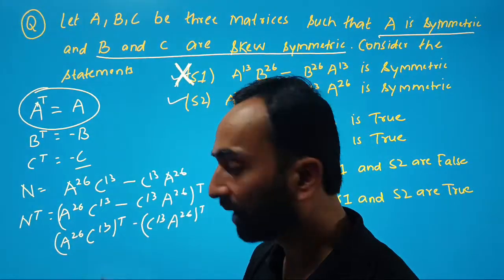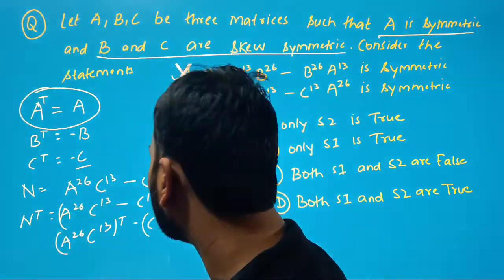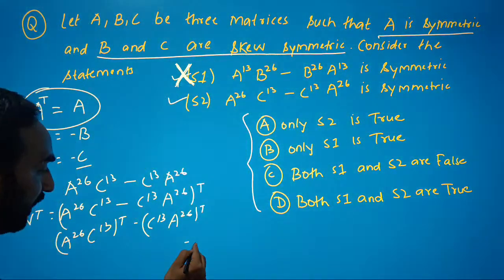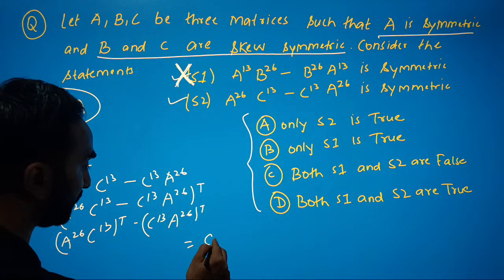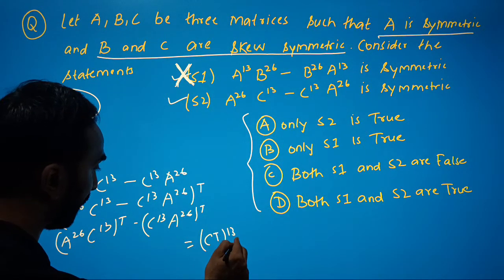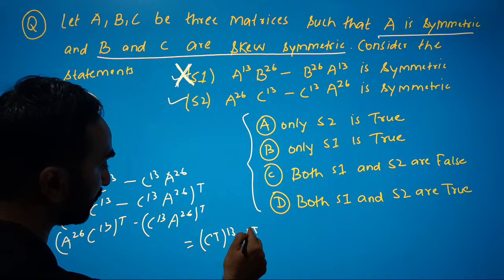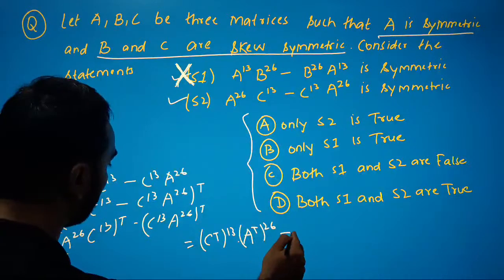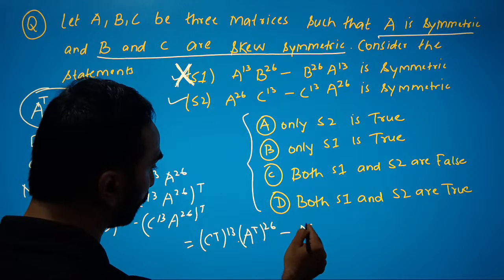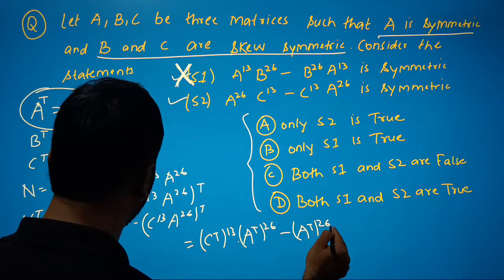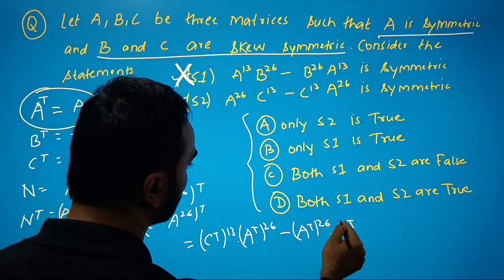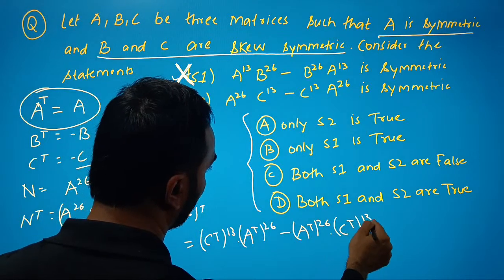Now again I can simplify it as C transpose 13 and A transpose 26 minus A transpose 26 and C transpose 13, right?